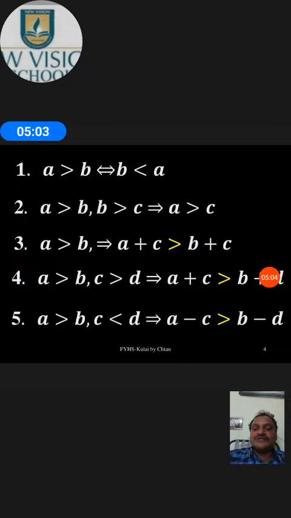For example, 100 greater than 10, 1 less than 2, right? These two. Now 100 minus 1 greater than 10 minus 2. That is very clear from this inequality, right?